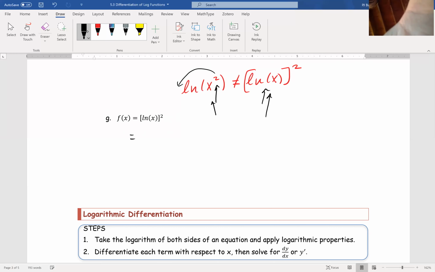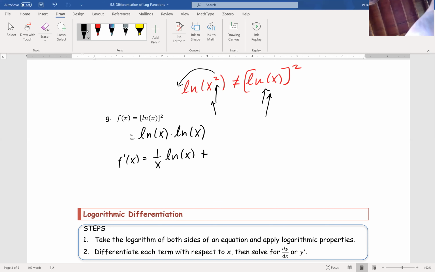So what you might want to do is rewrite it this way if you don't like your chain rule. And so the derivative then, well, we take the derivative of log, that's 1 over x, leave the other function alone, plus, leave log alone, take the derivative of the second function.